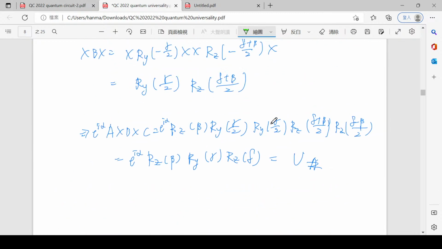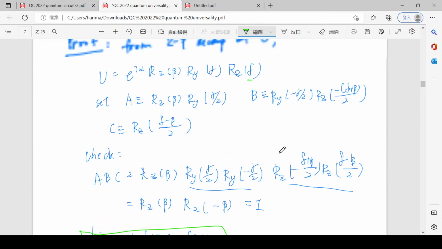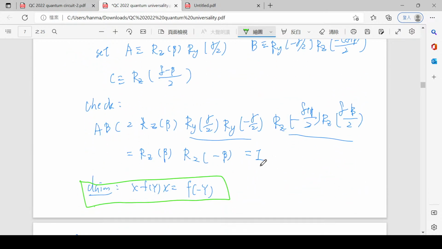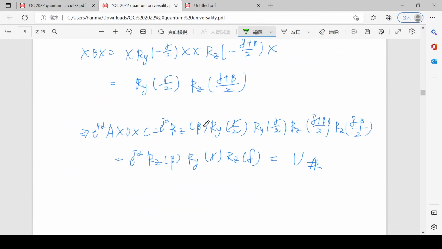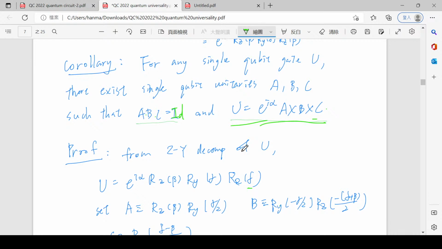If you negate B, then everything multiplying together gives rotation z, rotation y, rotation z with beta, gamma, and delta. Okay. So this is just some arithmetic trick where we set up these ABCs so that if you just multiply them together, they become a rotation of no angle. But if you have A times the negated-angle B, then times C, they become your unitary. Okay, so that's our setup.